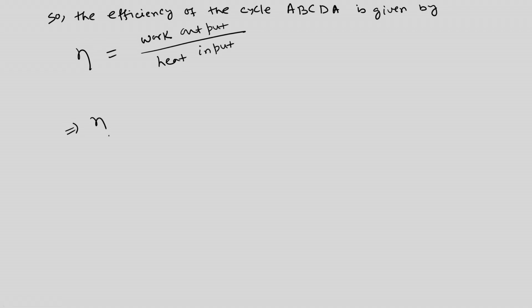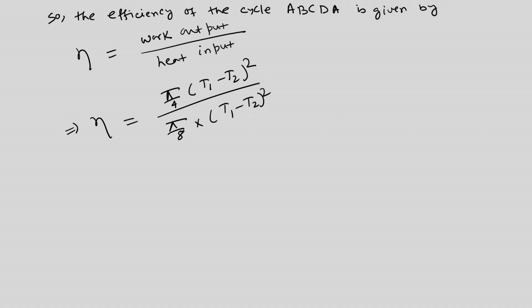So, we get eta is pi by 4 times (T1 minus T2) to the 2 by [pi by 8 times (T1 minus T2) to the 2 plus half (T1 plus T2) times (T1 minus T2)].